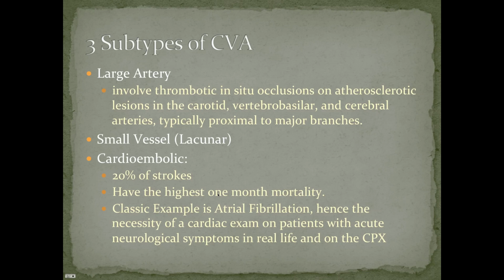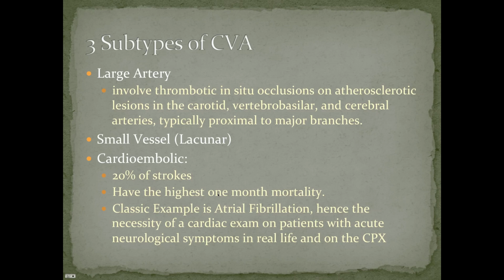I think you're probably familiar with that from your cardio block and also the ICM lectures. Basically, the heart beats ineffectively in atrial fibrillation, which leads to intrachamber formation of clot and thrombus, which can be ejected as an emboli into the arterial circulation and occlude the arterial supply to the brain, creating the same effect of a stroke.